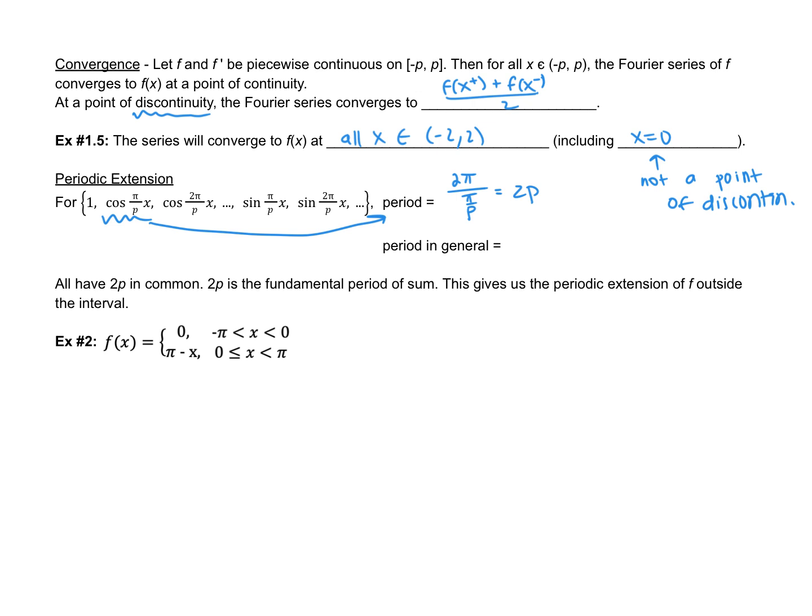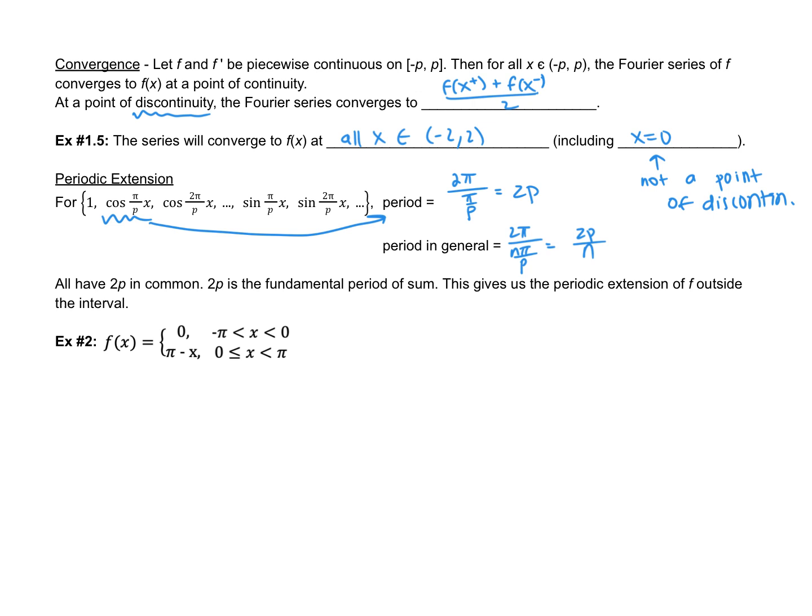Now, if we want the period in general of any of these functions based on their value in front, so the 1 pi, 2 pi, so on and so forth, the period in general would be 2 pi over n pi over p, which gives us 2p over n.